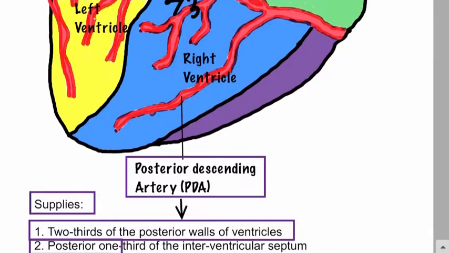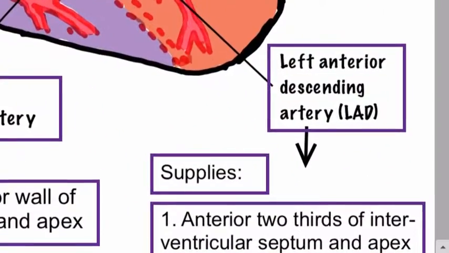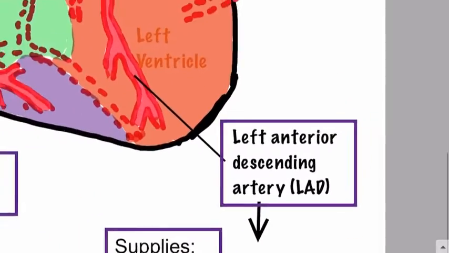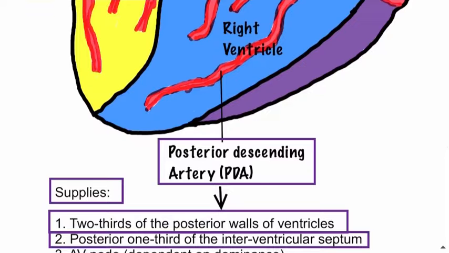The PDA also supplies the posterior 1/3 of the interventricular septum. We just discussed that the anterior 2/3 of the interventricular septum was supplied by the LAD. So the posterior 1/3 of the interventricular septum is supplied by the PDA.